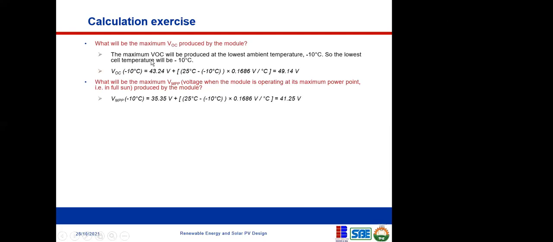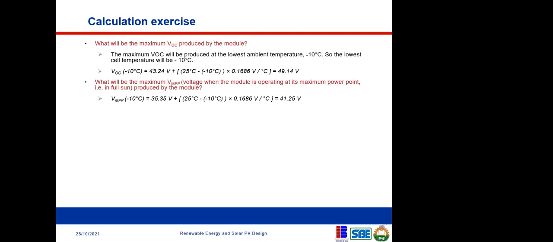So now the maximum VOC, that is open circuit voltage, will be produced at the lowest ambient temperature, which is minus 10 degrees centigrade. So the lowest cell temperature would be minus 10 degrees. Now, how are we going to calculate this at minus 10?